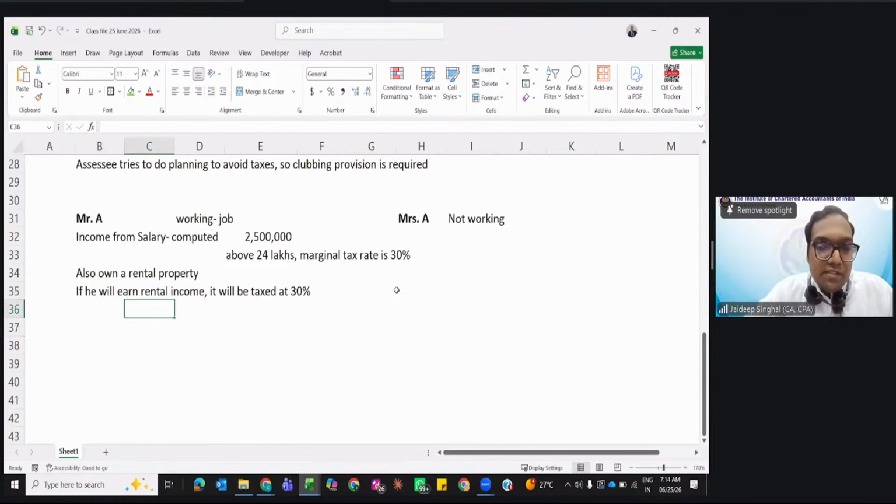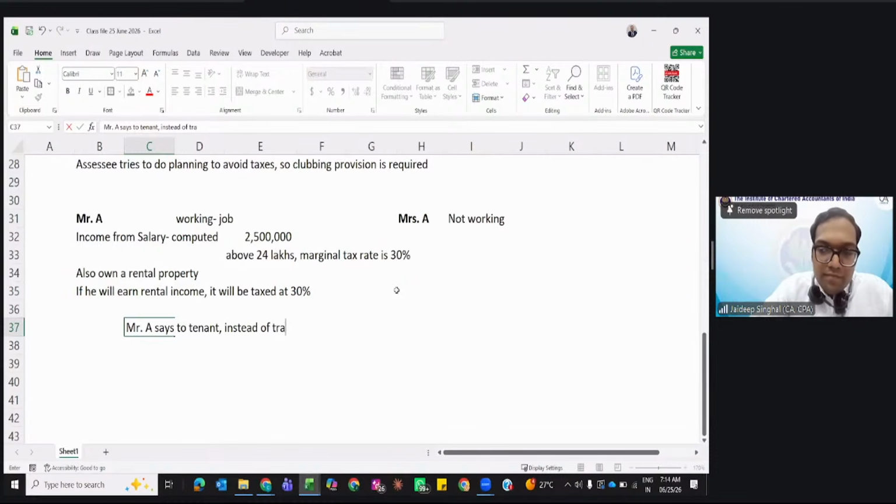Now the point is, Mr. A says to the tenant, instead of transferring rental income to my account, you send it to my spouse's account. I'm typing a lot of things, so there might be some minor typos, excuse me for that.